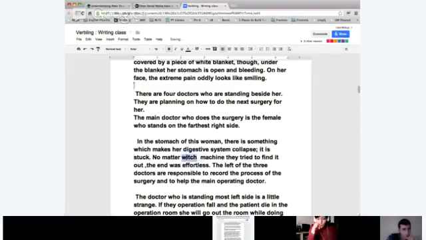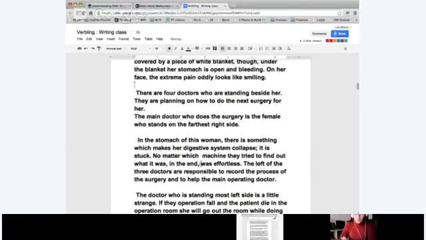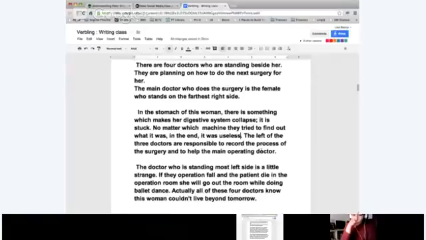No matter which machine they tried to find out what it was, in the end, it was useless. The left of the 3 doctors is responsible to record the process of the surgery and to help the main operating doctor.